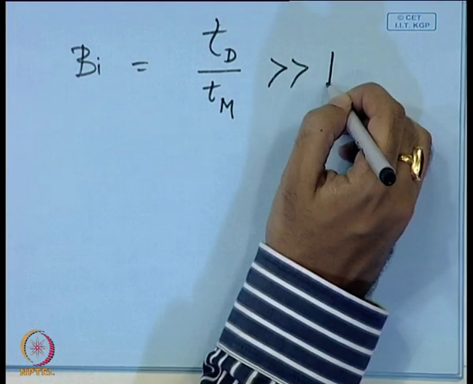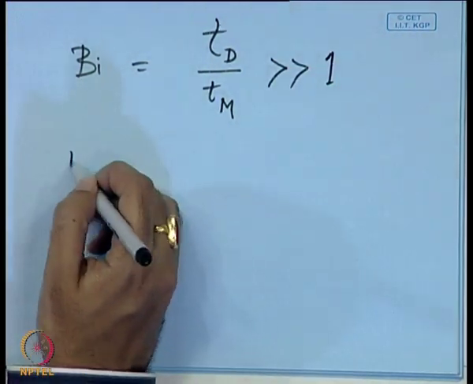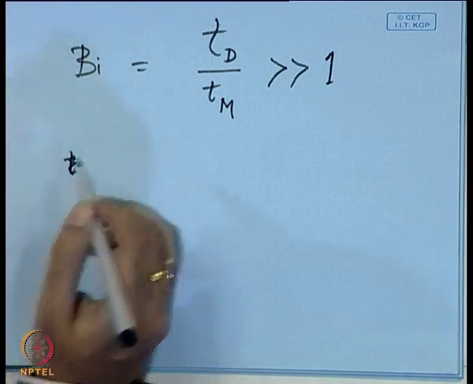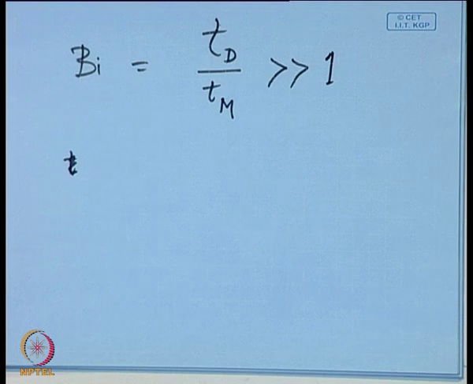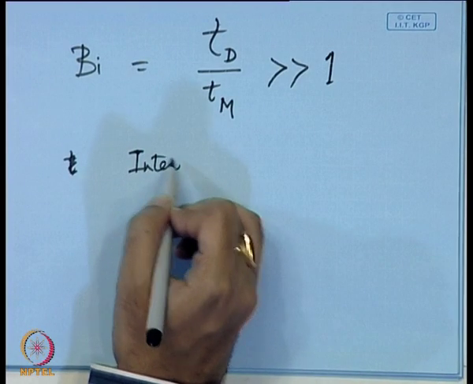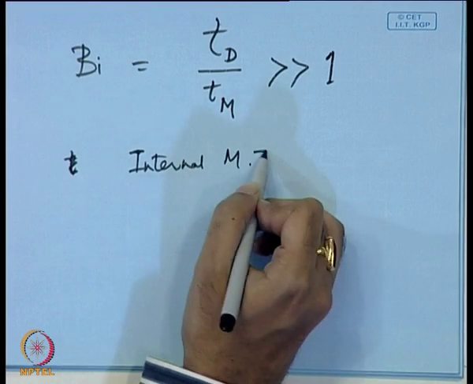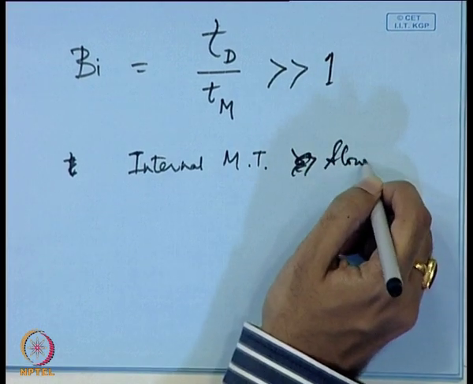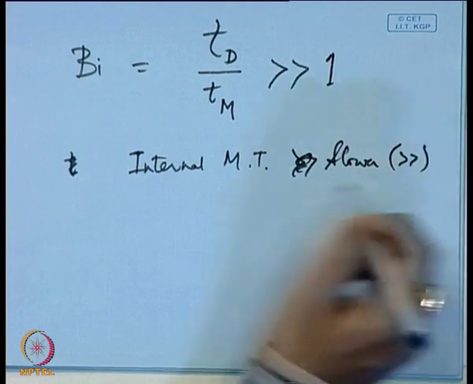This is much greater than 1, which means what? Now, you should be able to tell. Slower, yes. Internal mass transfer is much slower.